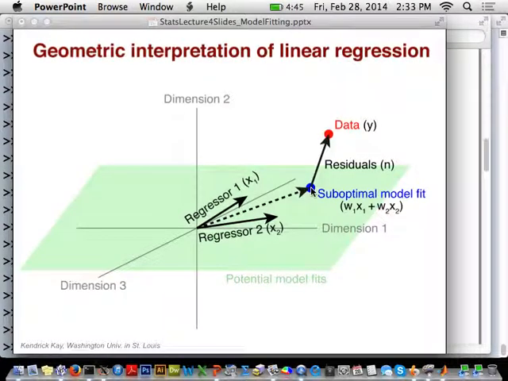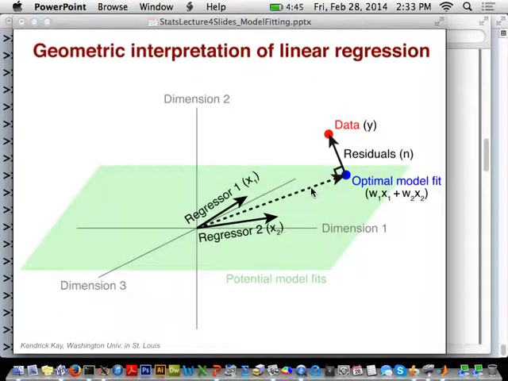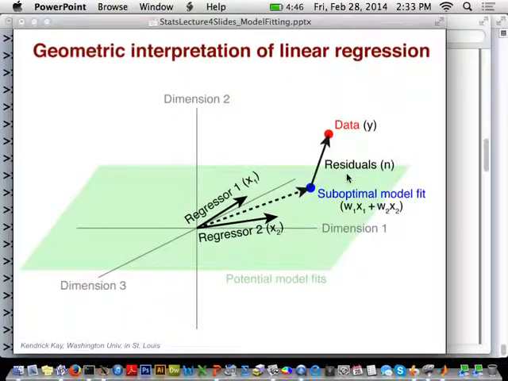And so the idea is when you've reached the optimal fit, it will be the case that your model fit vector is perpendicular to the residuals. And the logic is if they weren't perpendicular, then that kind of means that you can achieve a closer model fit by updating or changing one of the contributions of the regressors.